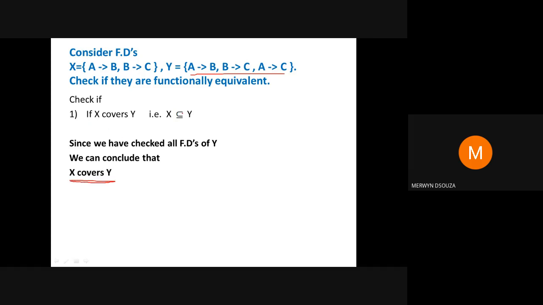For the two sets of functional dependencies to be functionally equivalent, X should cover Y and Y should cover X. We have checked the first condition, and it is true.